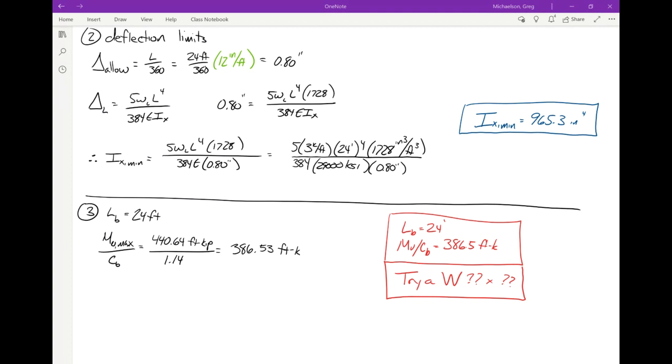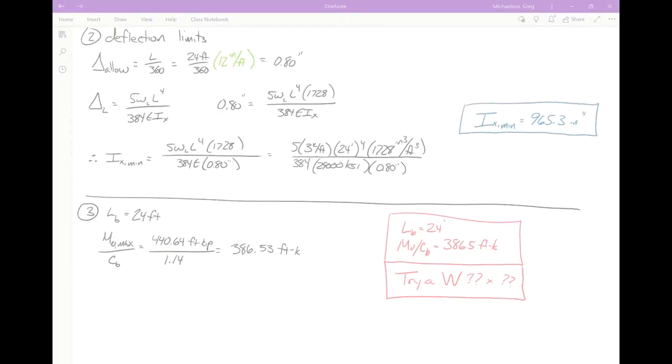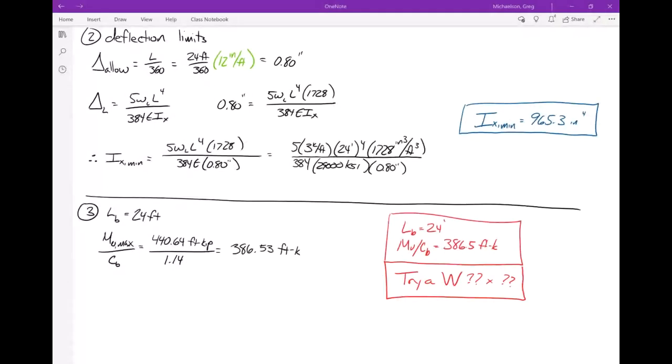Everybody got a section for me? While you're looking that up, I'm going to see if I can screen clip this in case we need it.